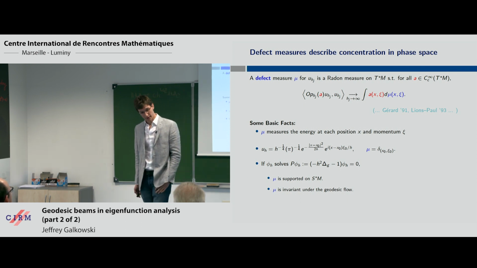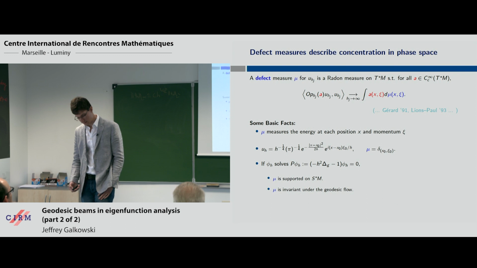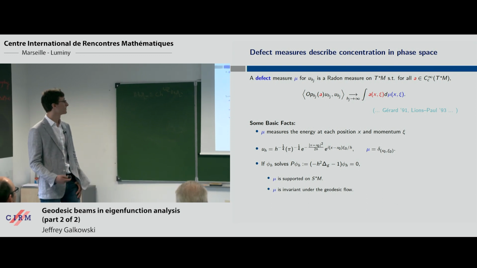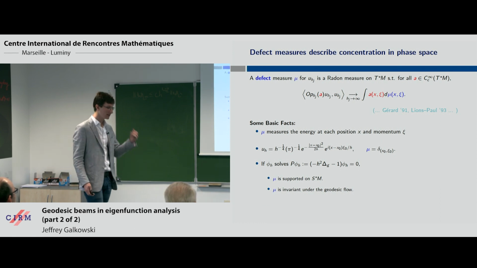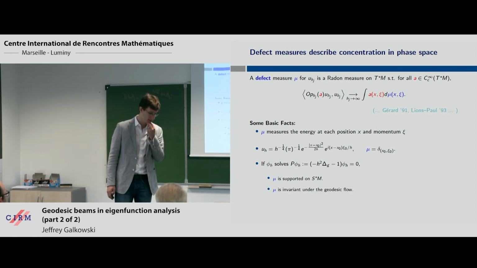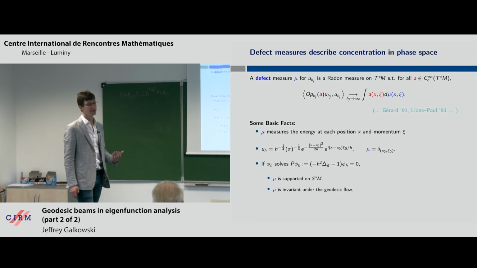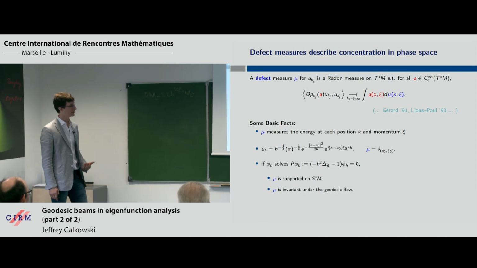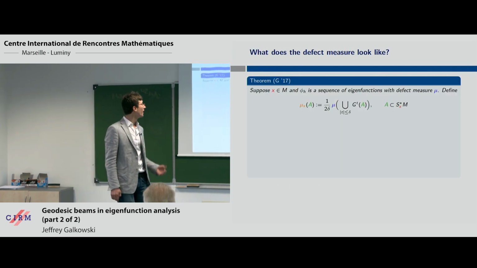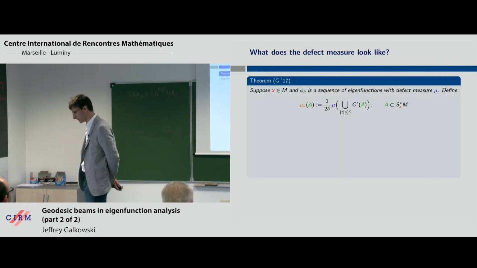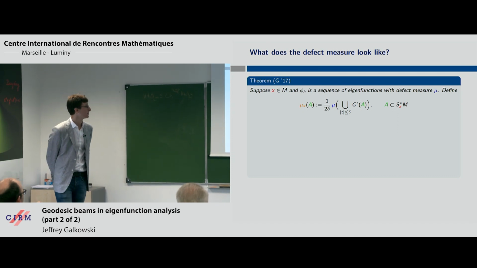So again, we now have this tool of the defect measure, which tells me where the energy is in phase space. We have this idea from geodesic beams that the energy should be uniformly distributed in direction. And we ask ourselves, what does the defect measure of an eigenfunction which saturates the L infinity norm look like?